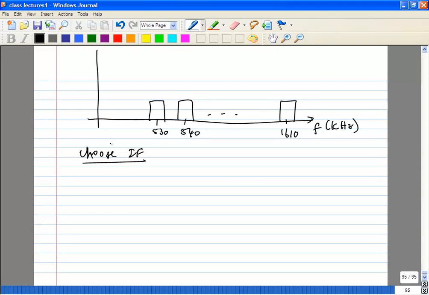The standard IF chosen for AM is 455 kilohertz, so let's choose that and see what happens. Let's also assume we want to tune to the first channel, 530 kilohertz.